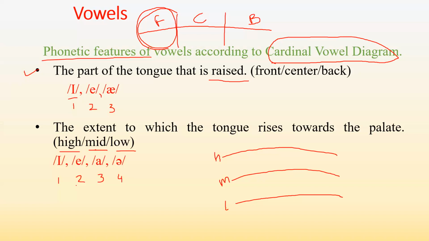So it's mid, right? It is an example for a mid vowel. So I think the second phonetic feature is also clear to you, right? The vertical divisions of the tongue: high, mid, and low. So there are high vowels, mid vowels, and low vowels among the vowels.